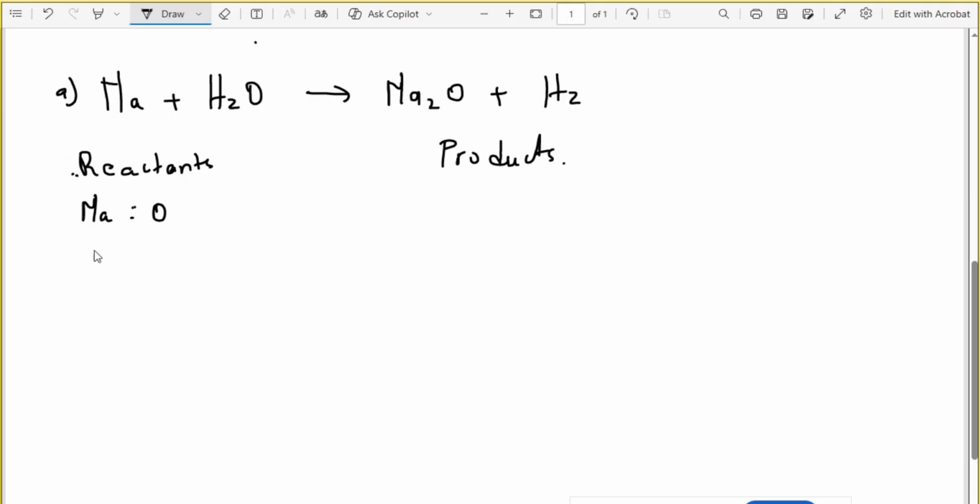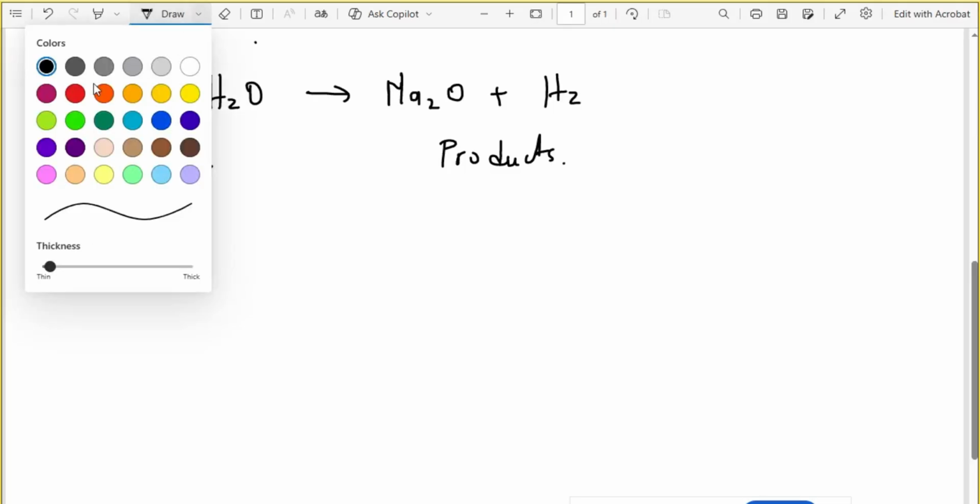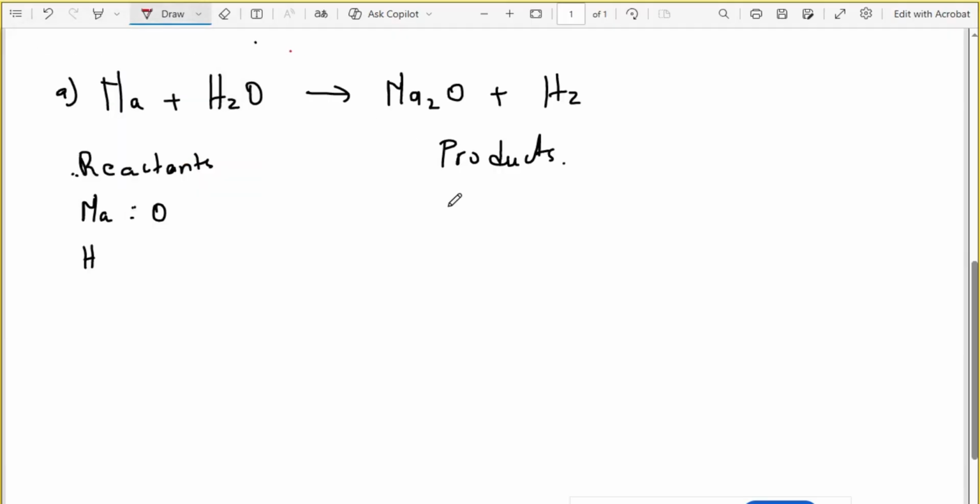And then what about hydrogen? Look at this. Hydrogen is in H2O. It's plus 1 because it's combined. You understand? It's plus 1.